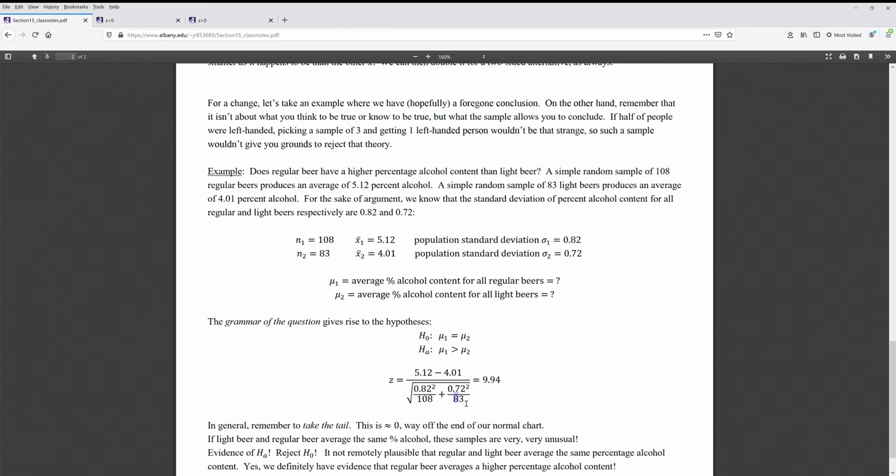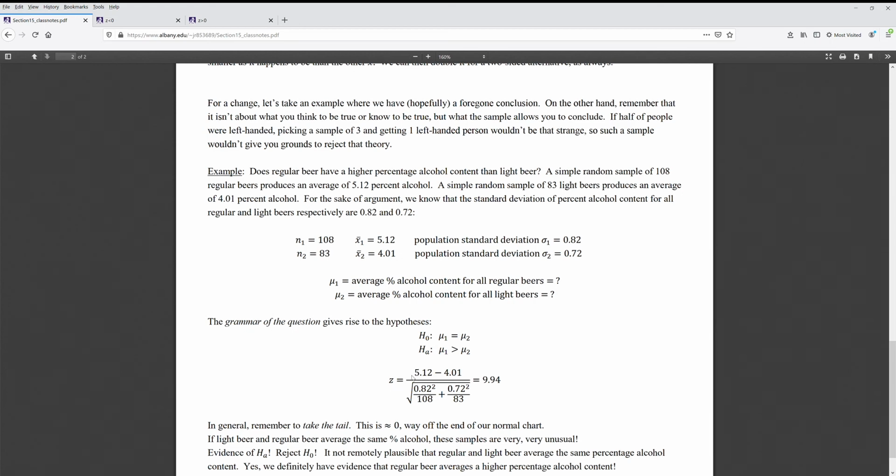The only thing you really have to watch out for in this formula is that you pair them off properly, right? The 0.82 goes with the 108, and the 0.72 goes with the 83. Do the calculation. Watch for intermediate rounding. It's not going to make a lot of difference in this case because we are way off the end of the chart. 9.92.